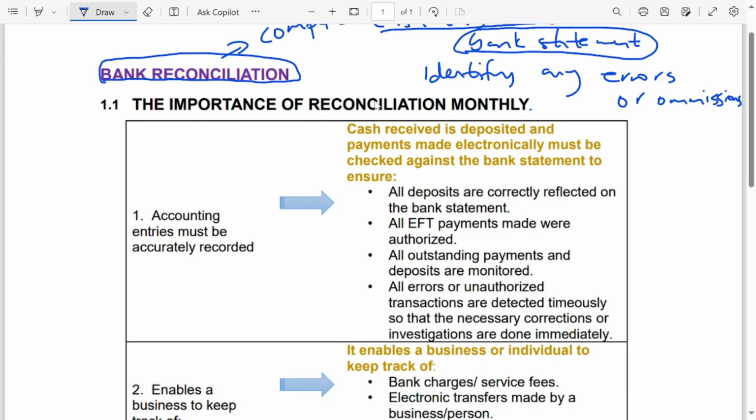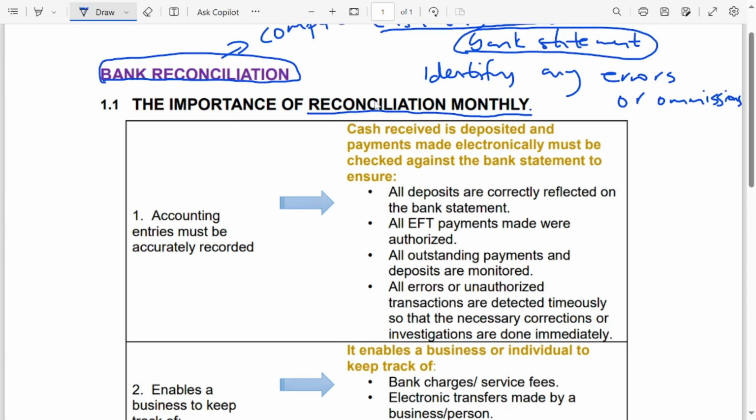Bank reconciliation is comparing the cash transactions with the bank statement. So if we are doing it monthly, it means that we can easily identify the errors and omissions early. That is why it is important to do the reconciliation monthly.